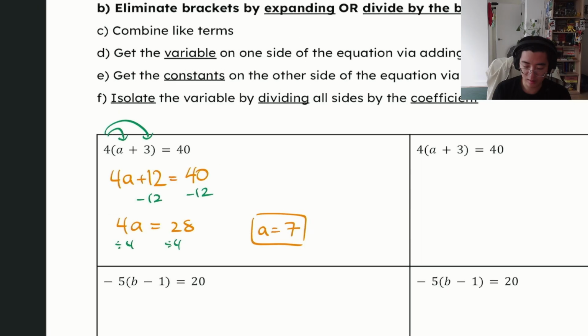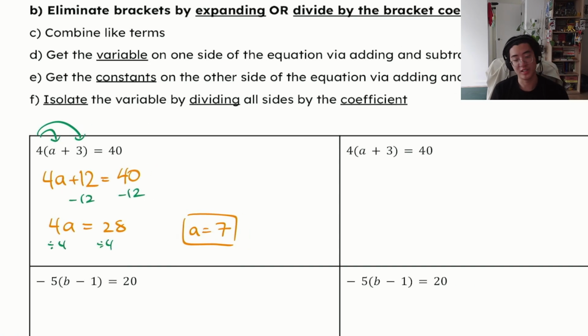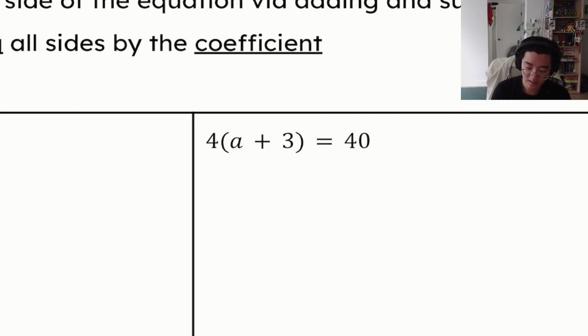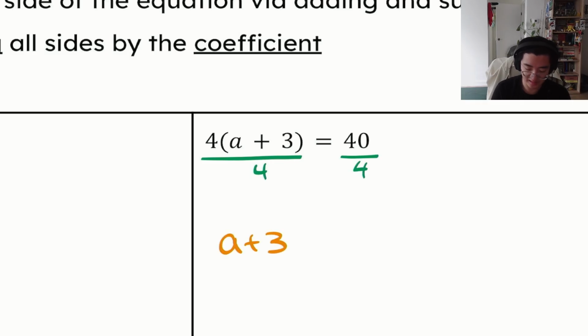Okay, so we could do that, or divide the coefficient away. So we can divide everything by 4 here. Because if we do that, the bracket here pretty much doesn't disappear per se, but this just becomes 1 times a plus 3, which we don't have to really write because it's just 1 times that number. 4 divided by 4 is 1.